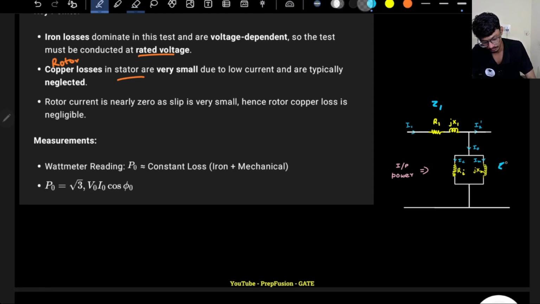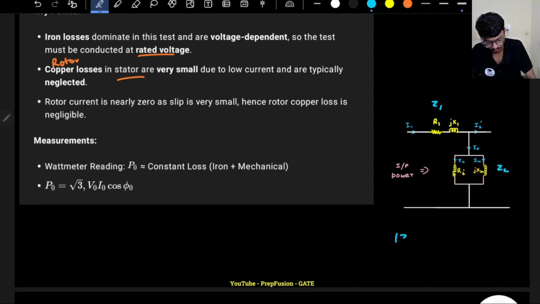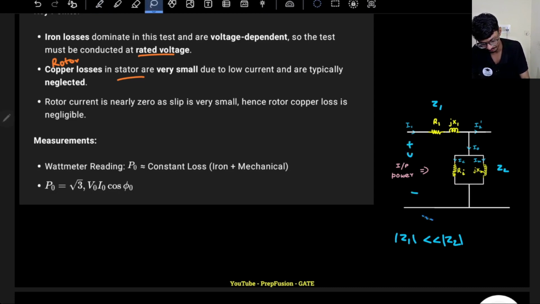One thing we know is that generally the winding resistance and those things are very small compared to the core magnetizing component resistance and reactance. So I can say generally the magnitude of Z1 is very much less than the magnitude of Z2. So if I am applying a voltage V over here, I can roughly bring that voltage over here.